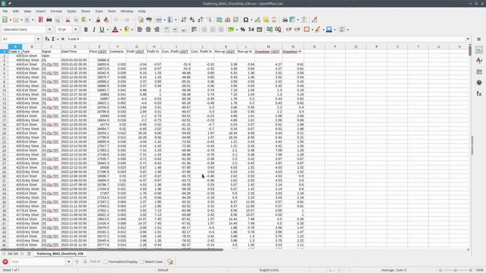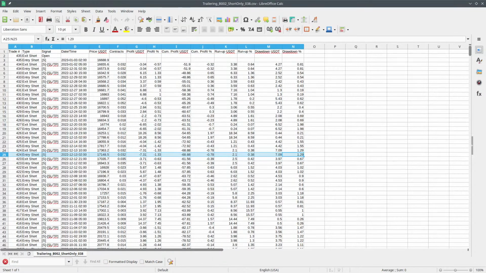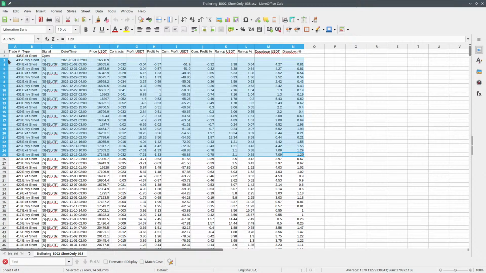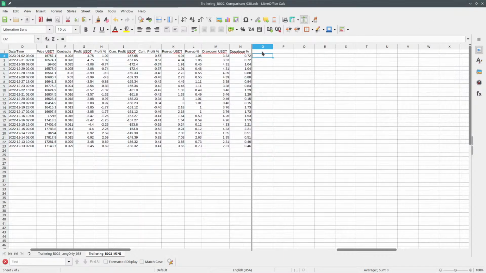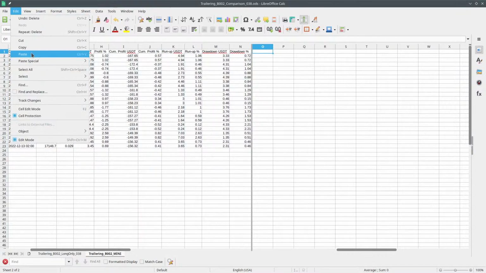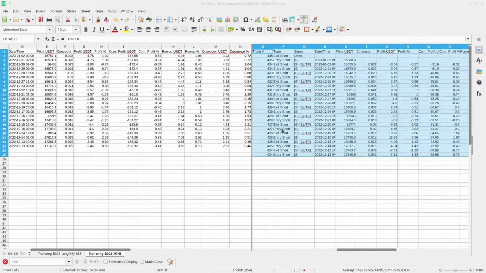I should be able to also take some of the trades, maybe from here. Copy and paste here.